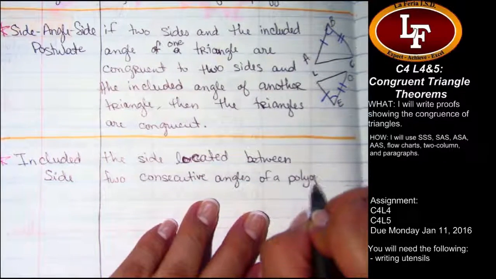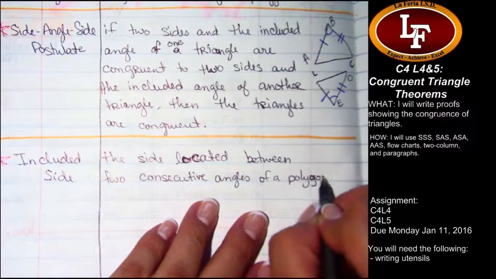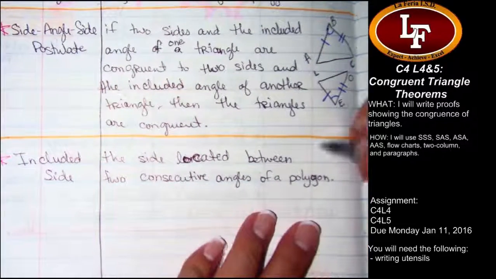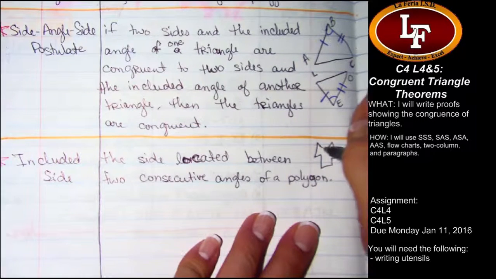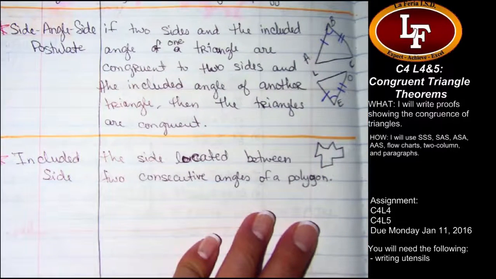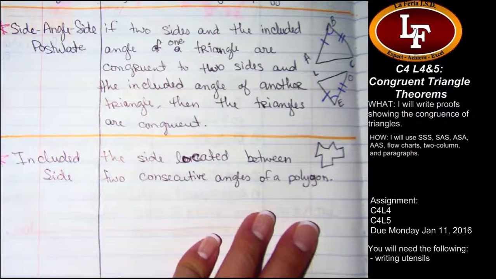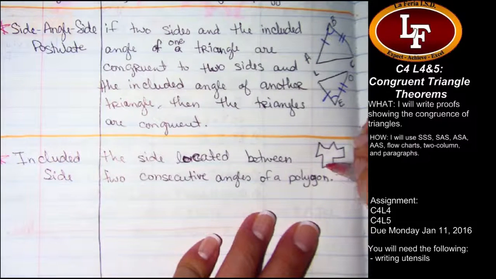Again, any polygon can have an included side. Please remember that consecutive means one right after another. So there's my crazy looking polygon. An included side is a side located between consecutive angles.